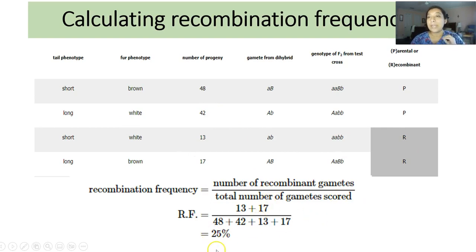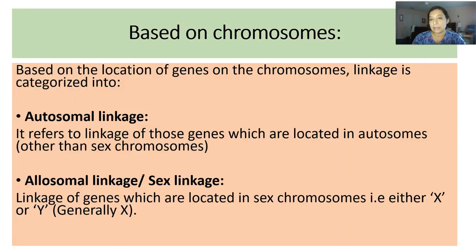And so when we do that, we get 25%. Now remember, in an independent assortment, you would expect to see 50%, right? Equal amount. Here, it's not, which tells you that those genes are somehow linked, because they're giving you ratios different than the Mendelian genes.